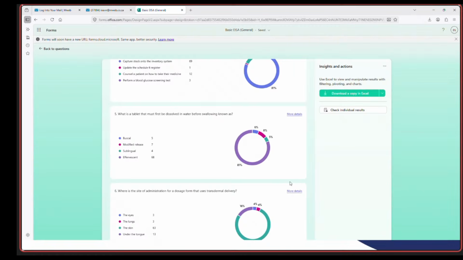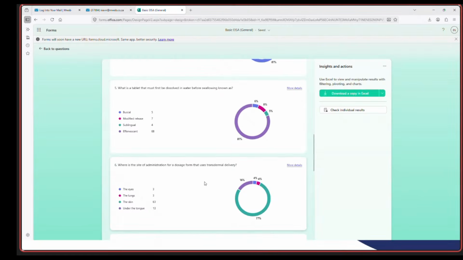So it's important that you know the different routes of administration and how it's absorbed, and then you will get to the correct answer. Question number 6.